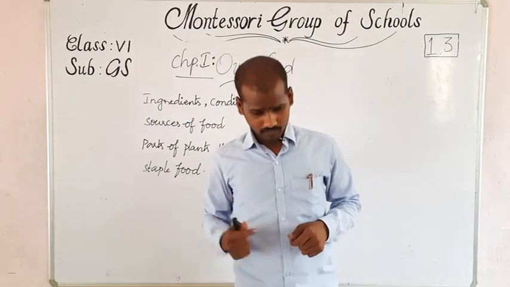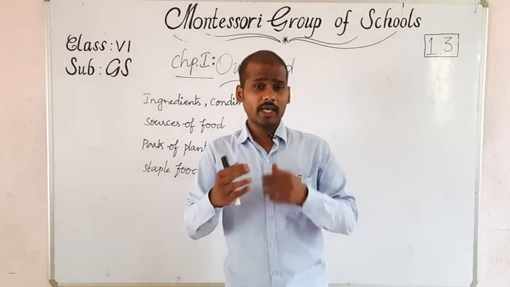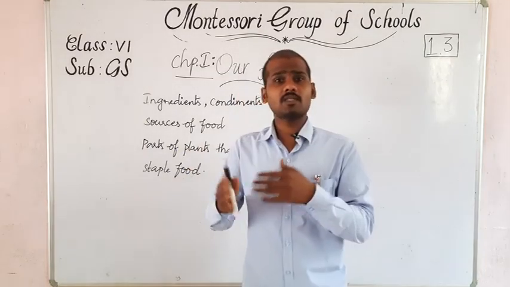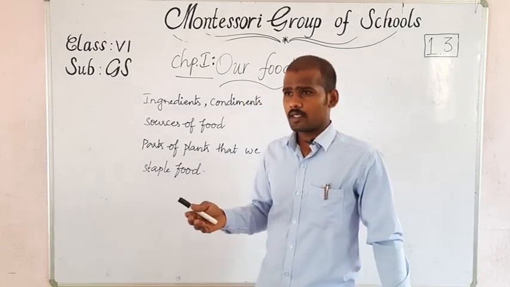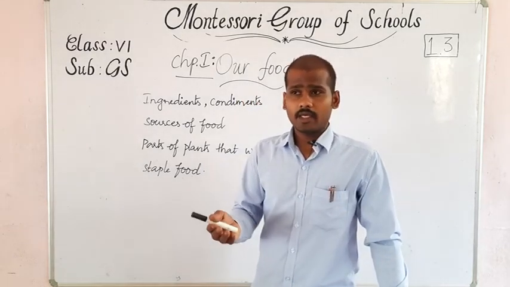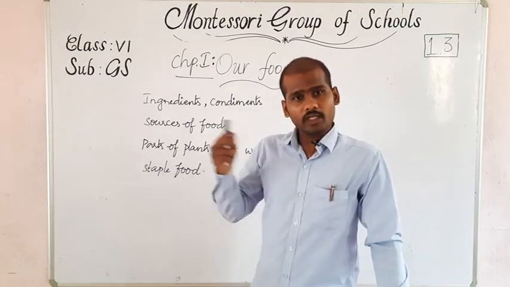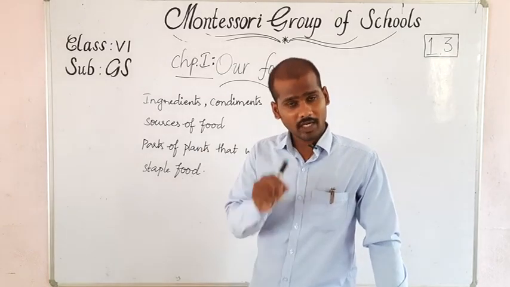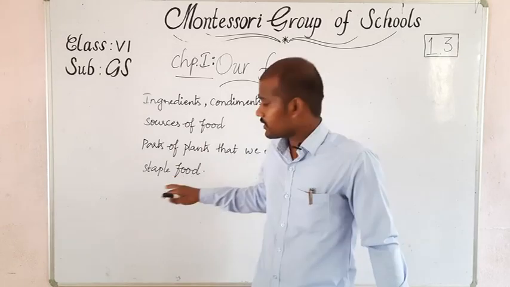For example, in Telangana rice is staple food, or rice based products are staple food. What are the rice based products? For example, bread and dosa and idli. So they are rice based food. Okay, so in Telangana we will prefer those food items which are rice based food as our staple food.